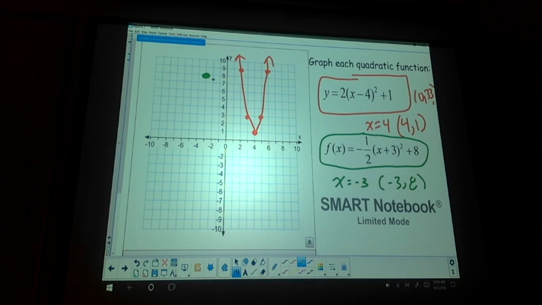I'm going to go down 1 and right 1 and down how much? Half. Why is it half? Because my a value is half. So half times 1 is half. At 3, if I take half of 3, what do I get? 1.5. So from here, I'm going to go right 1 and down 1.5. Here's my 0.5 and here's 1.